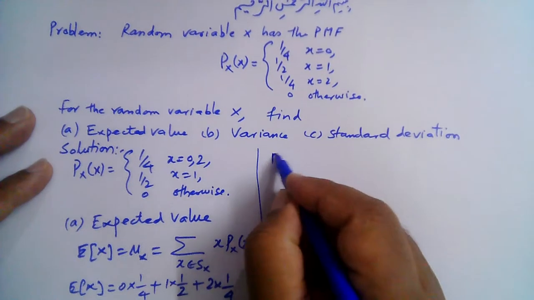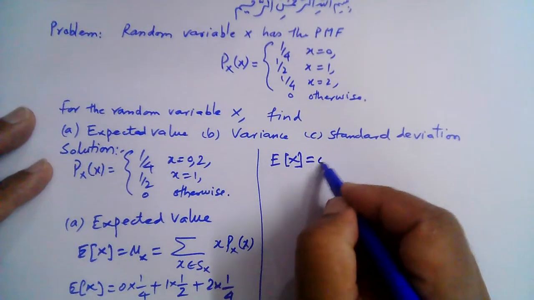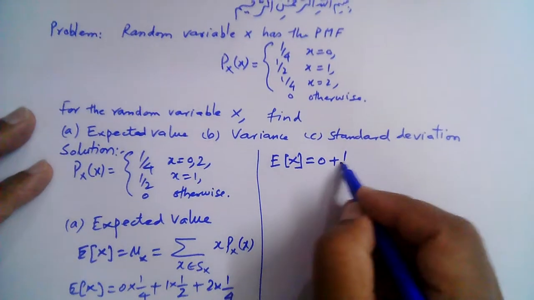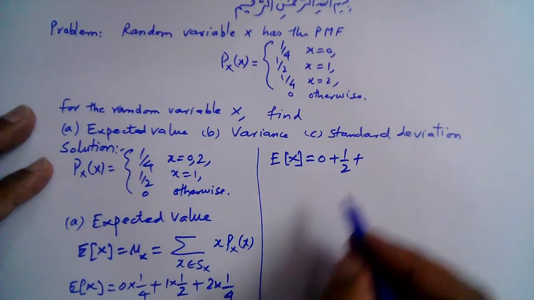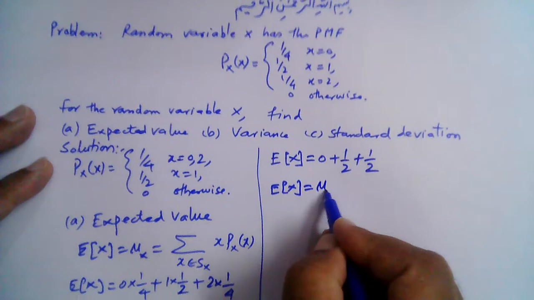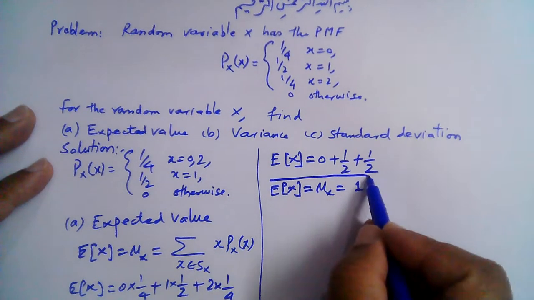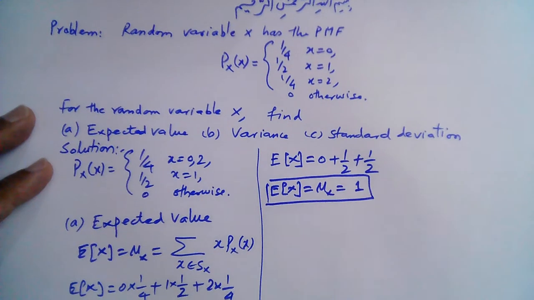So the expected value of x is 0, then 1 over 2, and then 2 over 4, which is again 1 over 2. So the expected value of x, or mu x, is basically 1. So this gives us the expected value of x.